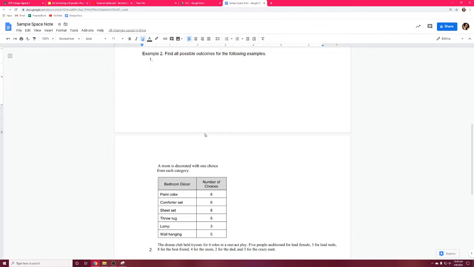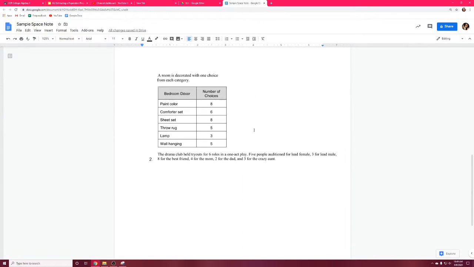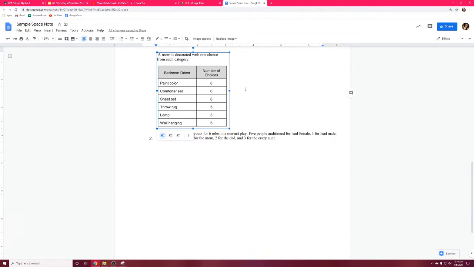So for example 2, find all possible outcomes for the following. In this example, they display it with a table. Here we have 1, 2, 3, 4, 5, 6 events, and each event has a number of possible outcomes.